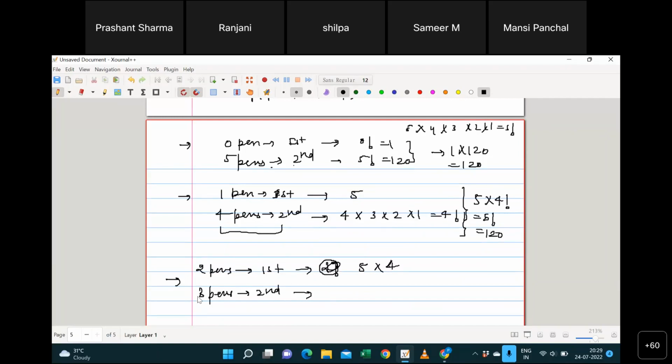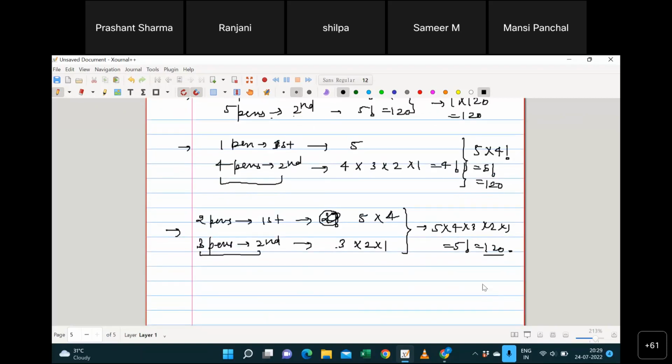Similarly for the 3 pens, in how many ways can we arrange? 3 into 2 into 1, 3 factorial, because you have the remaining 3. So it's 3P3. So I can do 5 into 4 into 3 into 2 into 1, that means again 5 factorial, right? All of you getting my point?